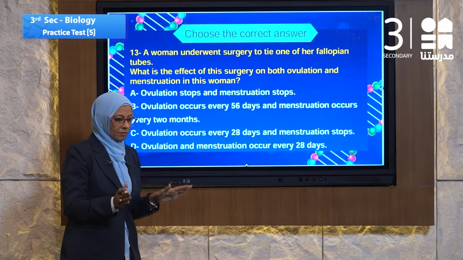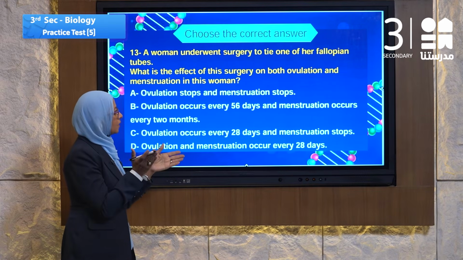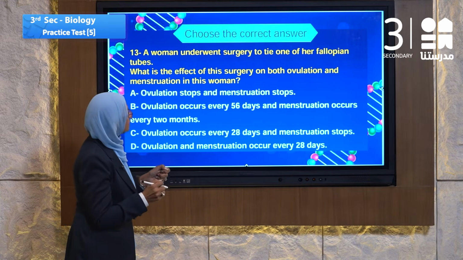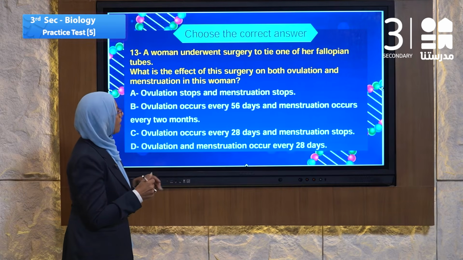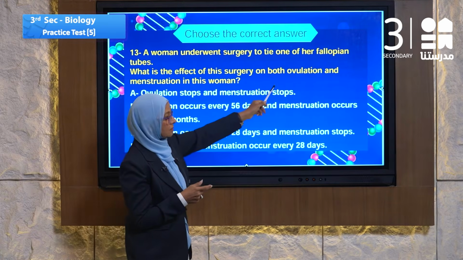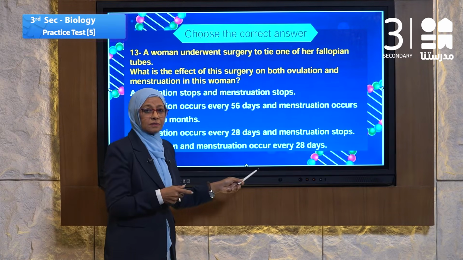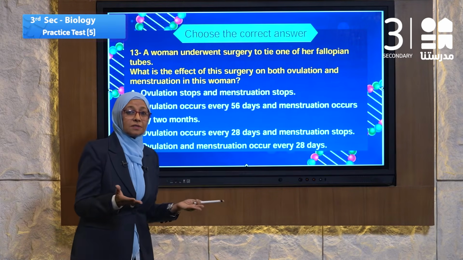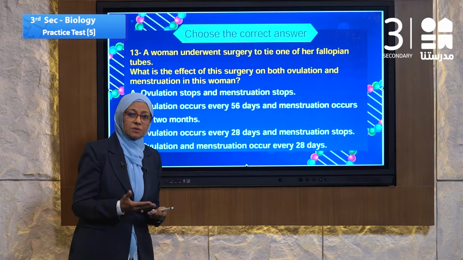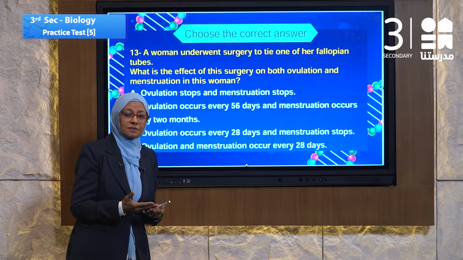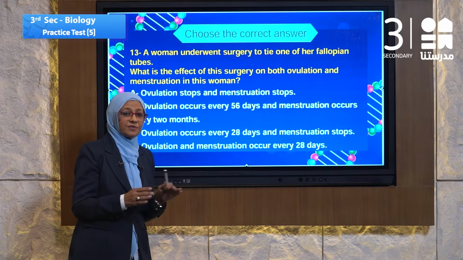Now, when we tie the fallopian tube, is ovulation affected? How does it affect? It's not affected because ovulation is done without any interference.